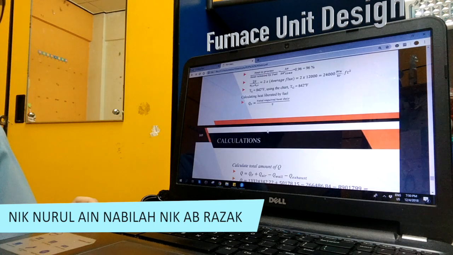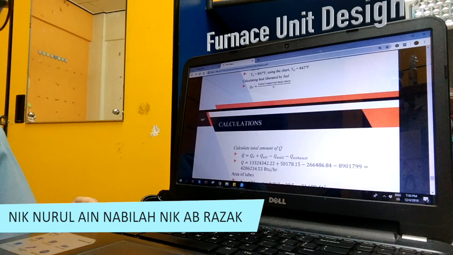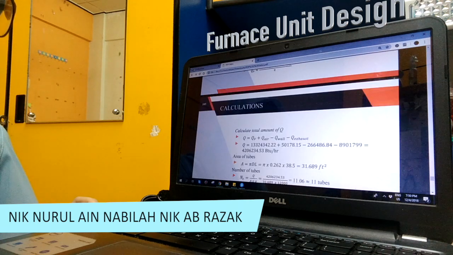And then we have to calculate the total amount of Q from Q furnace, Q air, minus Q oil, and Q exhaust. And then we got our heat flow rate, which is 4.2 billion BTU per hour.